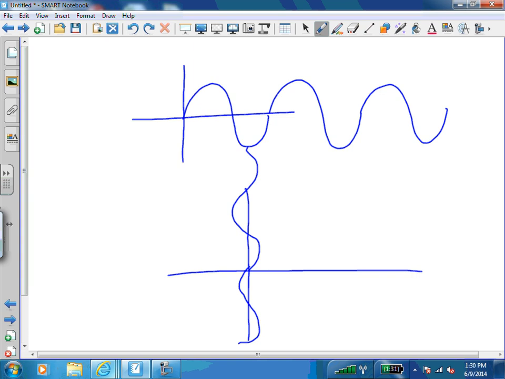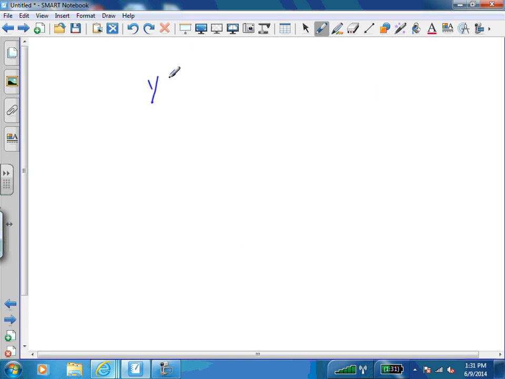So you may recall that for inverse sine, the only ratios we get for sine are -1 to 1. So the domain is -1 to 1.